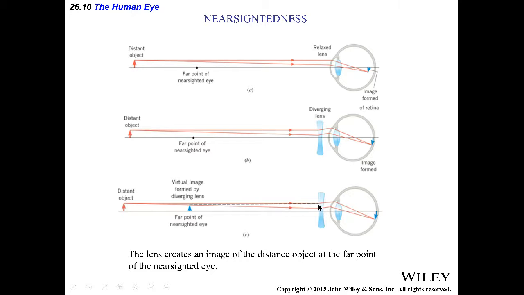So what the optometrist does is to prescribe you with a diverging lens such that the virtual image of this distant object is here, so that your poor human eye doesn't have to focus that well.